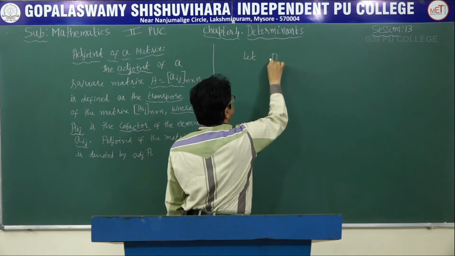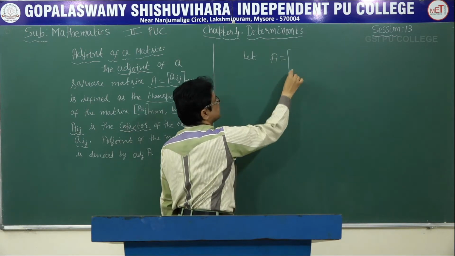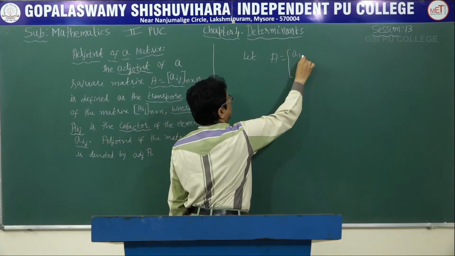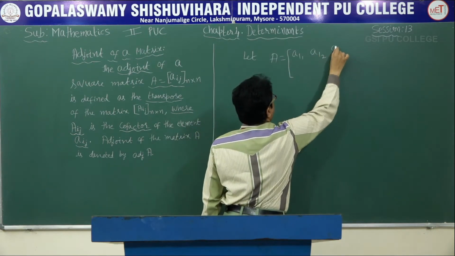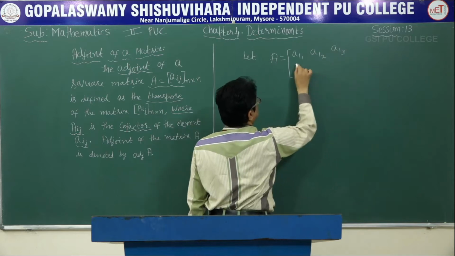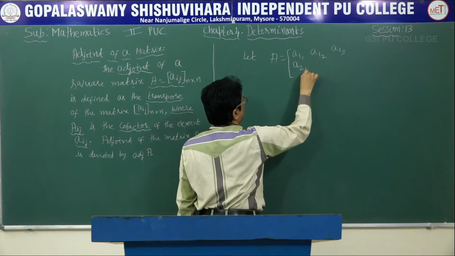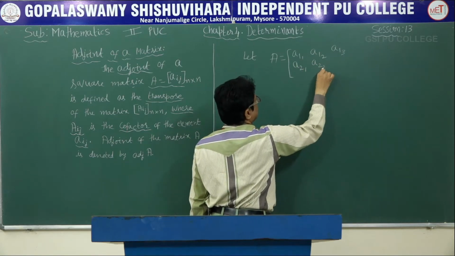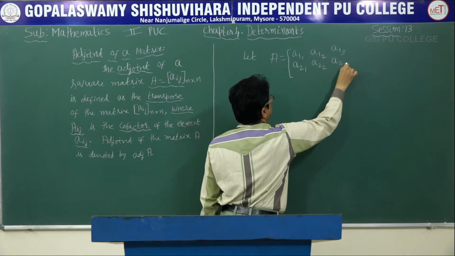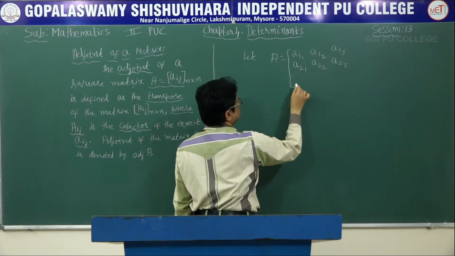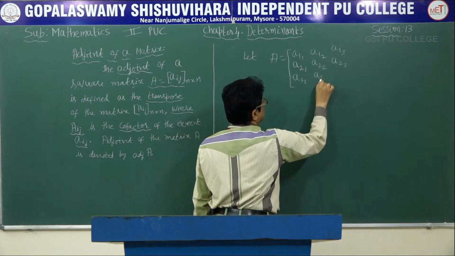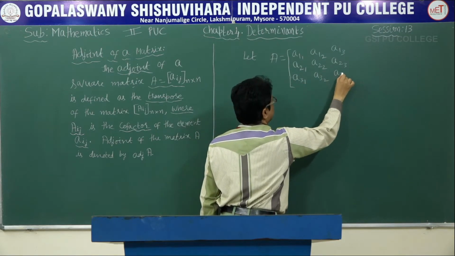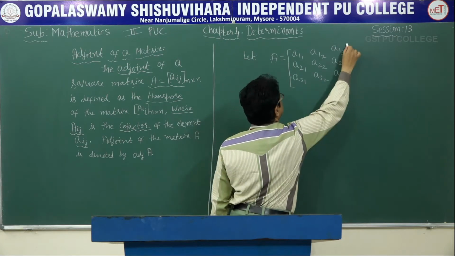Let A equal a11, a12, a13, a21, a22, a23, a31, a32, a33.